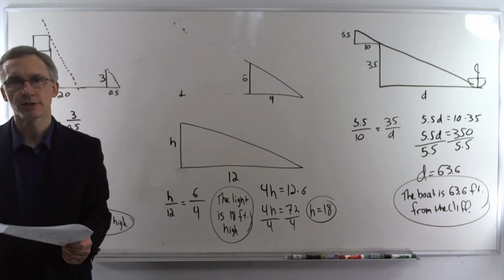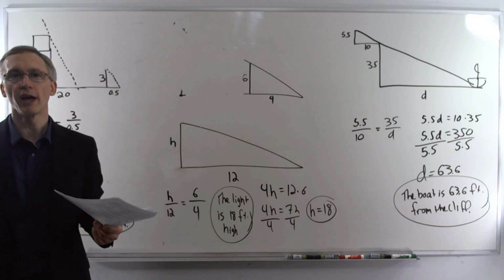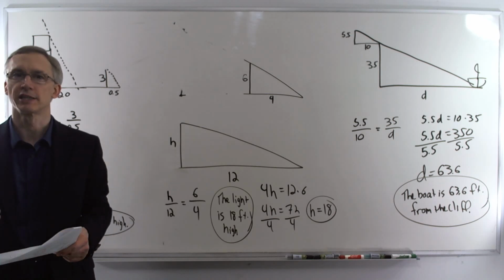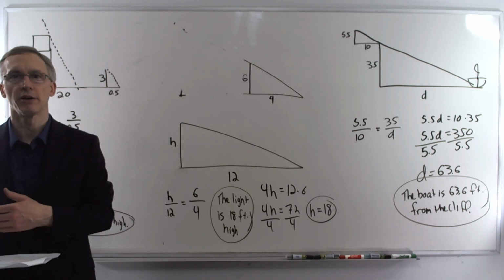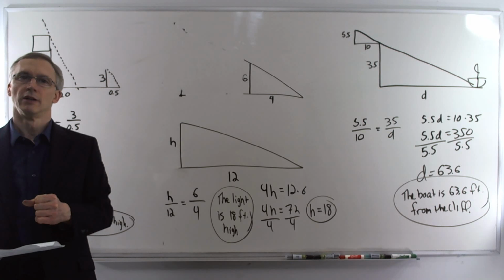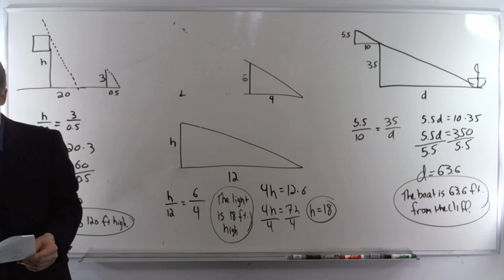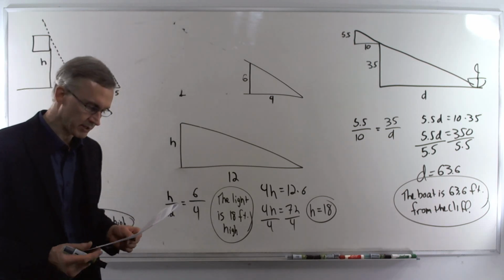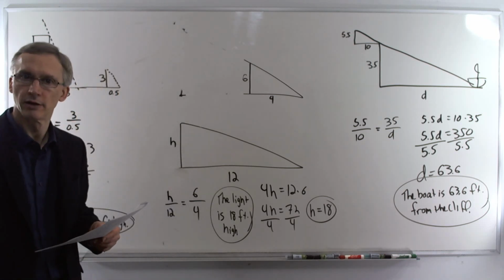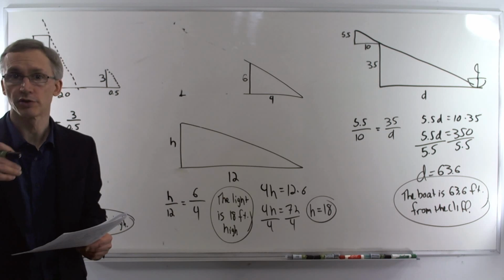Now, the last one demonstrates one way of applying a technique that's been used by explorers and people in the military for quite some time, thousands of years. Sometimes it's very helpful to be able to determine the width of a river before trying to cross it.